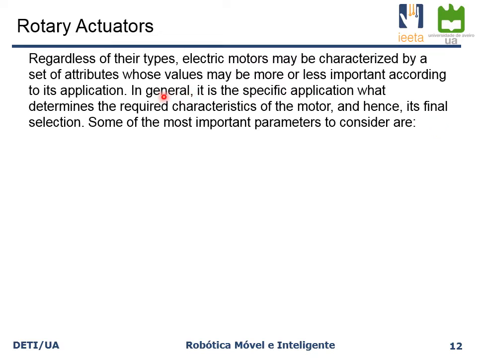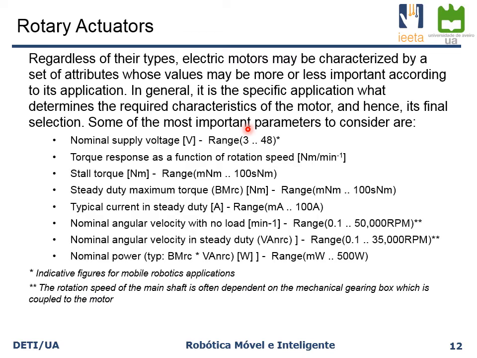In general, these characteristics of the motor are the ones that are relevant for the final selection of the motor. Some of the most important parameters that normally we have to consider are in this list that we have here.